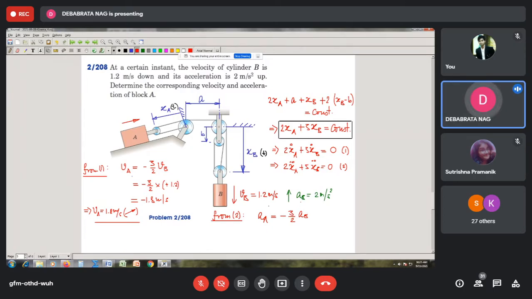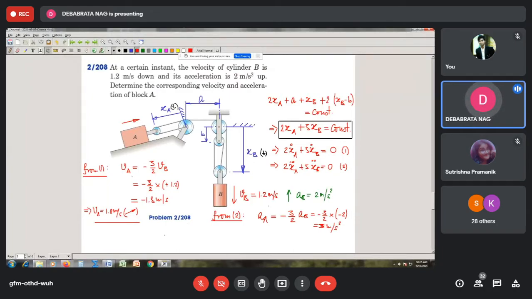So for us acceleration of B is a negative quantity, so I can say it is minus 3 by 2 into minus 2, and therefore the result turns out to be 3 meter per second square, and it is turning out to be plus.